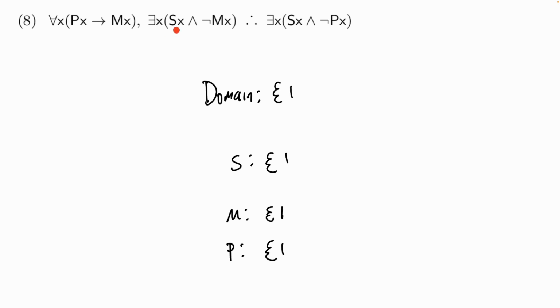We no longer have something that's S that fails to be M. So it doesn't look like we're going to be able to make both premises true and the conclusion false. It seems like once we make this true and this false, we can't make this true, because if we do, that just makes this false again.